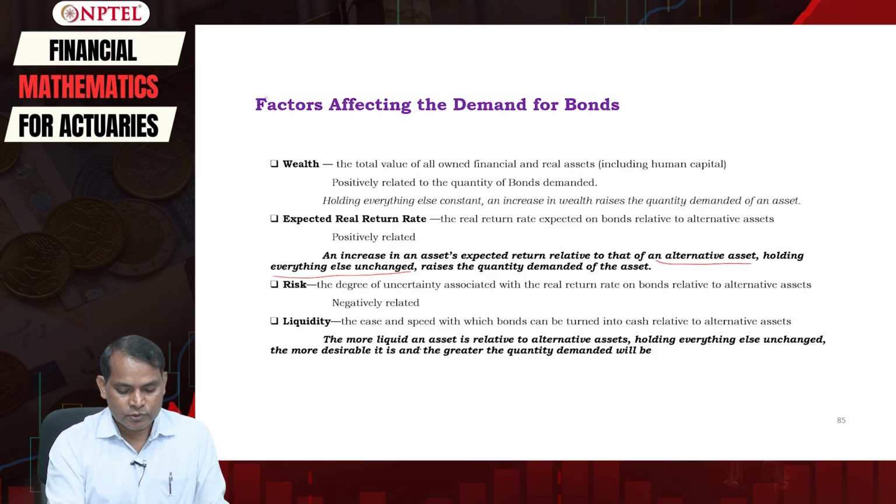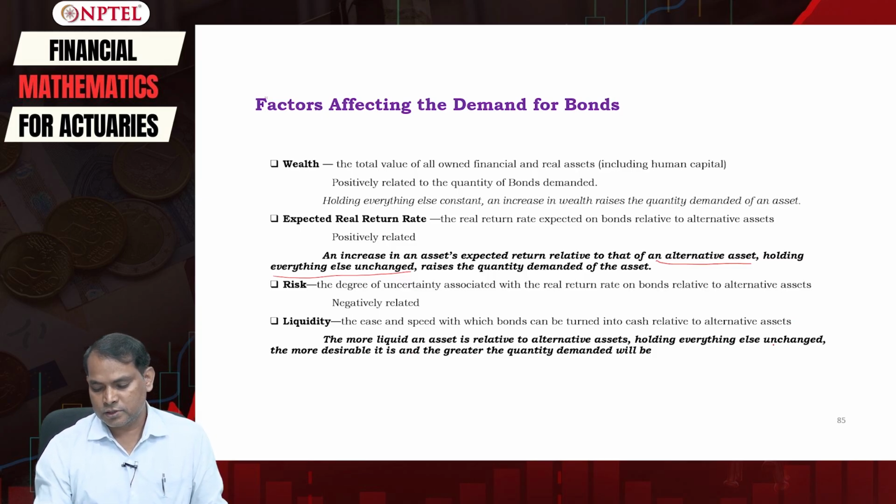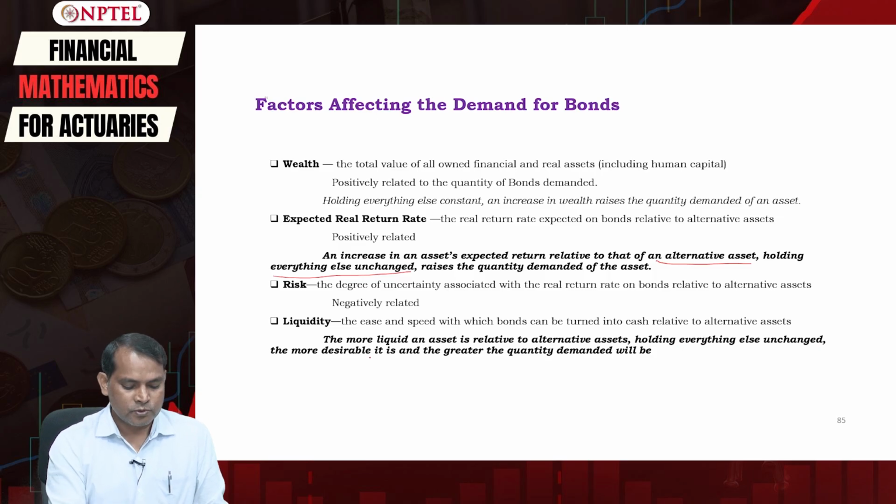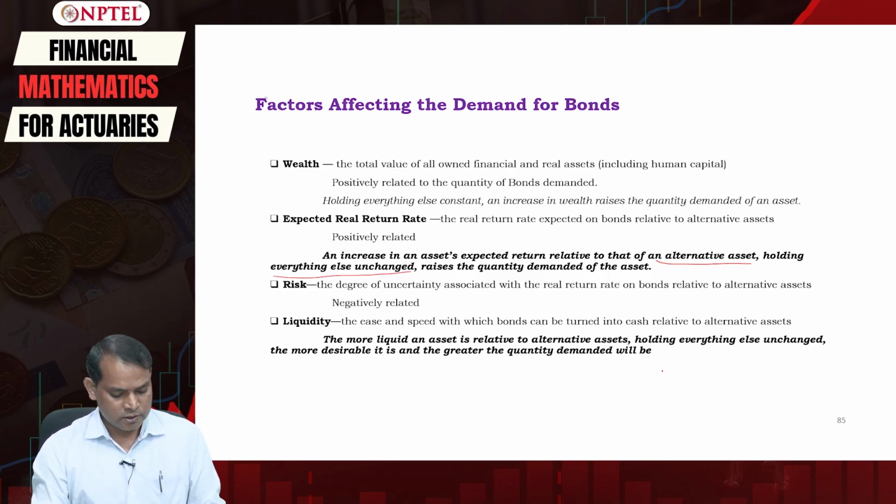So the more liquid an asset is relative to alternative assets, holding everything else unchanged, the more desirable it is and the greater the quantity demanded will be. So these are the factors which you can think of that will influence the demand for bond.